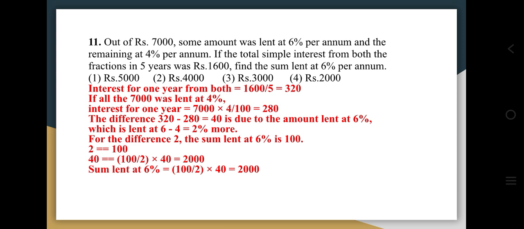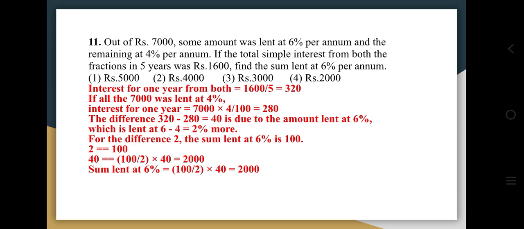In this way, we can quickly solve such problems. So what do you have to do? First, calculate interest for 1 year, then calculate interest for the total amount for 1 year at the lowest percent, then find the difference of the interest and find the difference between the interest rates.